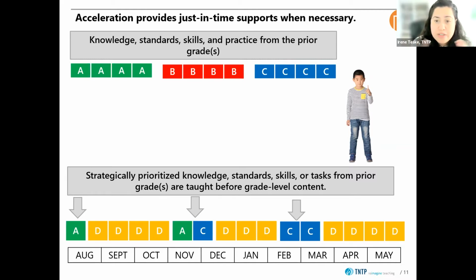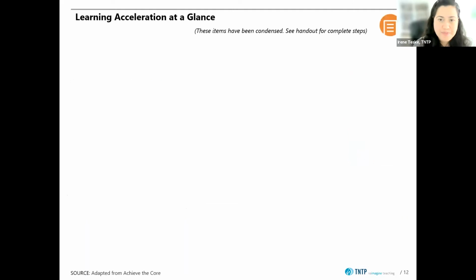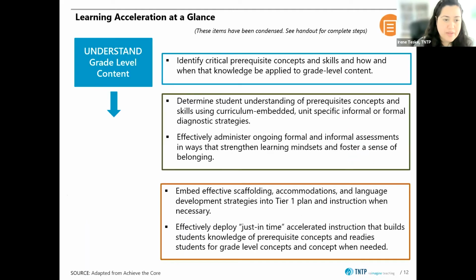But what we do want to share with you is that the guiding principles for acceleration that we want teachers to be following that are effective, those remain the same across content areas. And so before we break into ELA and math groups, we're going to take a look at those three principles for accelerated learning. Next slide. Thank you.